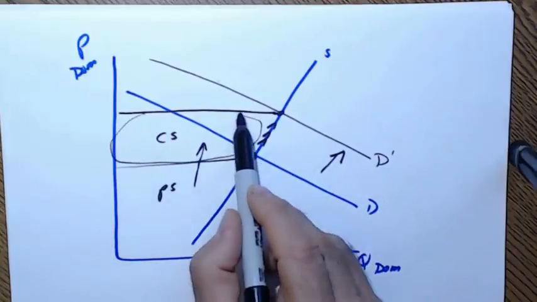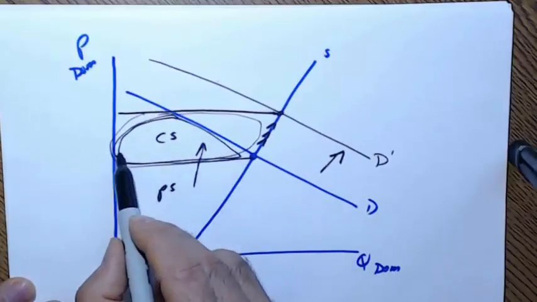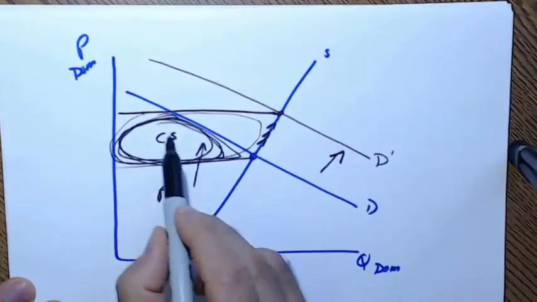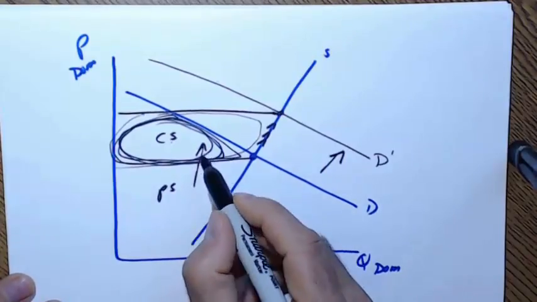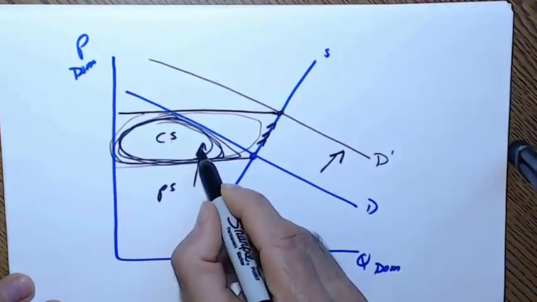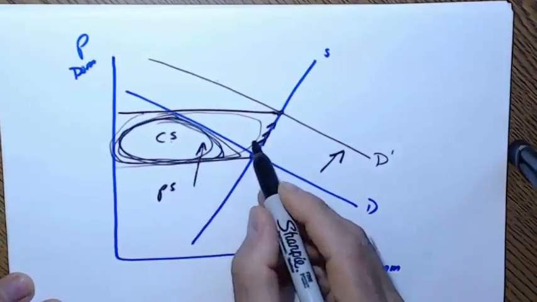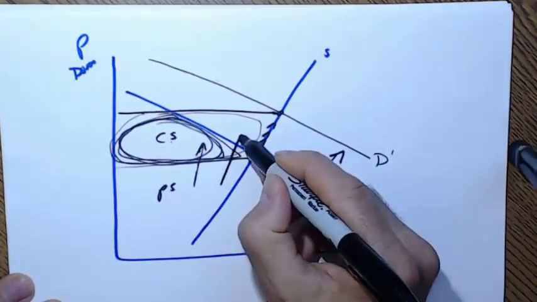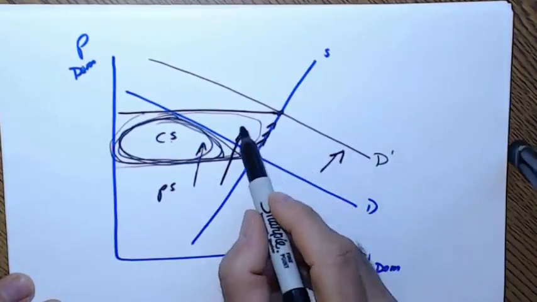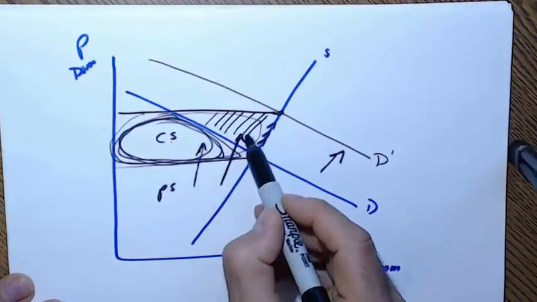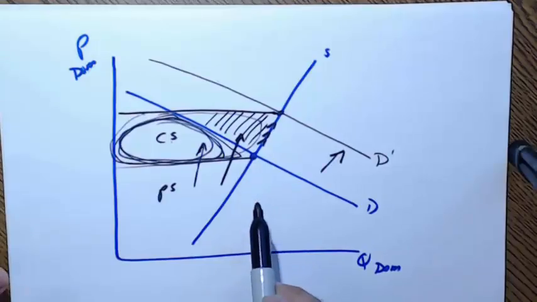This area right here was consumer surplus and is now transferred into producer surplus, which means domestic automakers are doing quite well on this. Domestic automakers are also gaining in this area. Okay? This was uncharted territory before. And so producers are also gaining this part of the market, and so there's a gain.